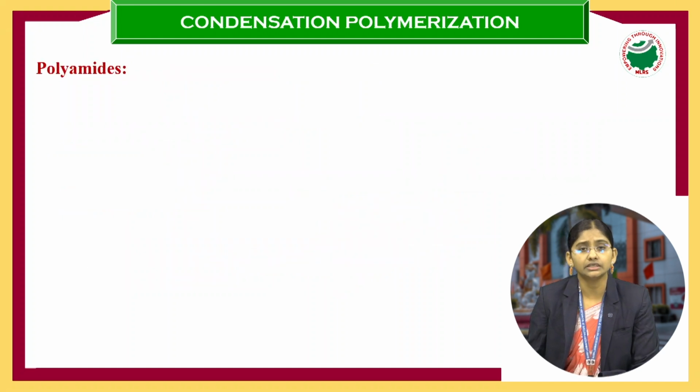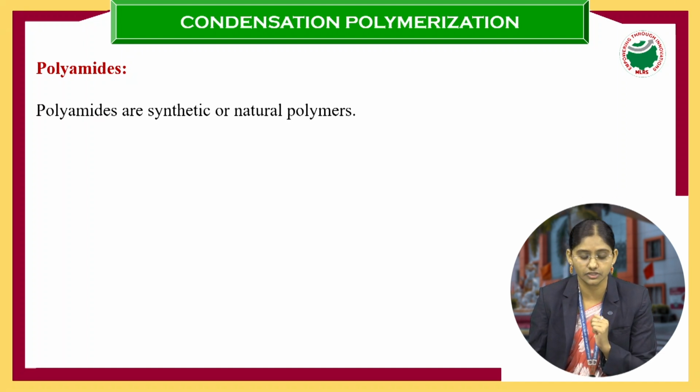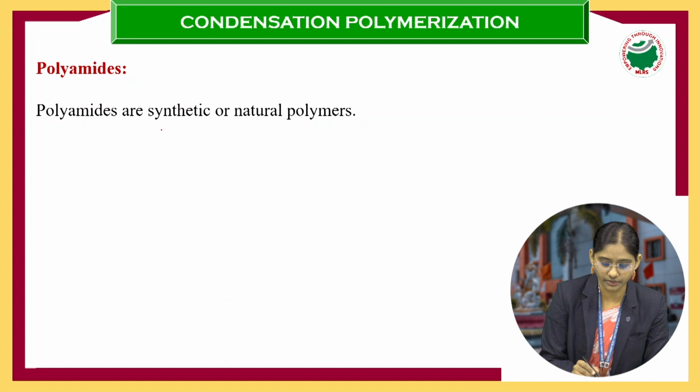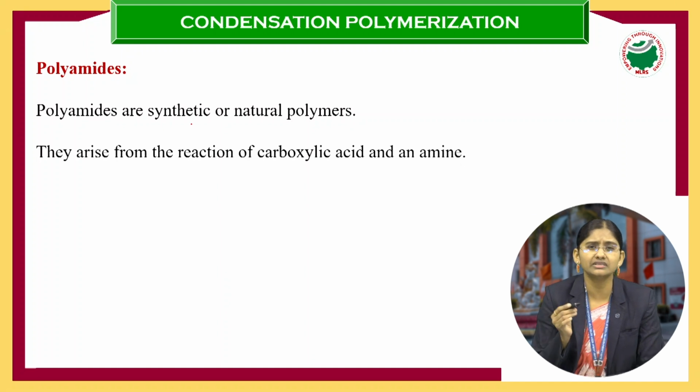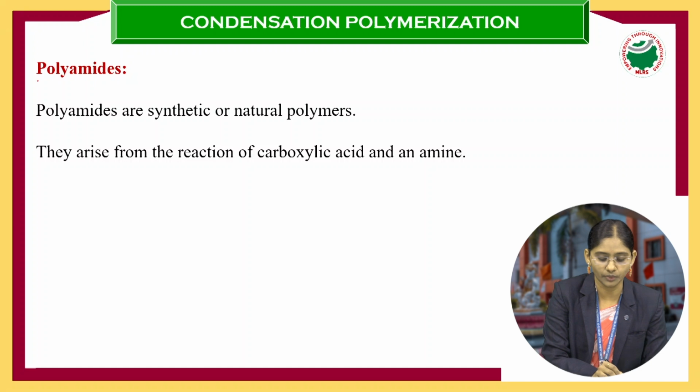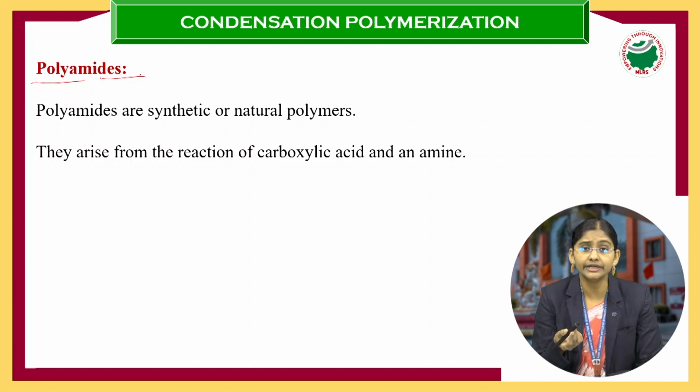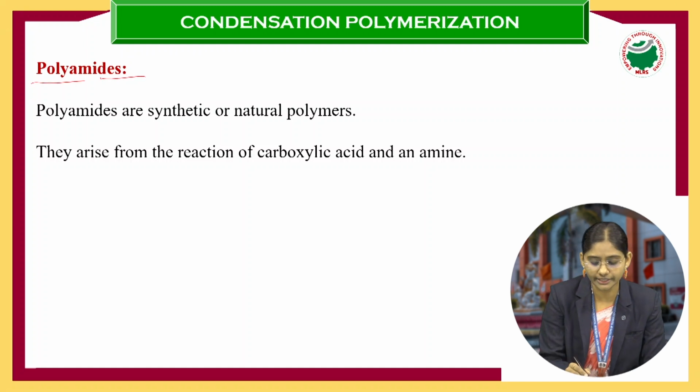Now we'll see the two important types of condensation polymerization, that is polyamides. What is meant by polyamide? Poly you already know the meaning: because it is a polymer, a chain is there, that's why it is called poly. And next, amide. What is the functional group of amide, students?